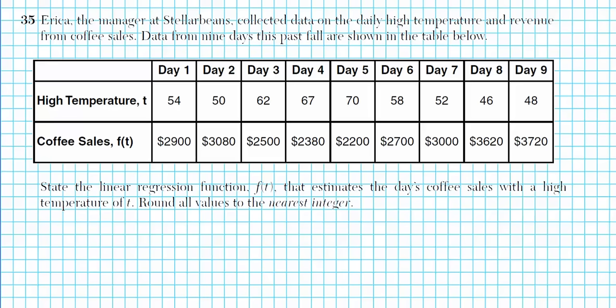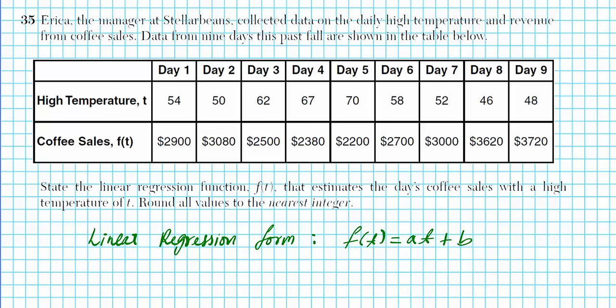So the linear regression formula is of the form, in this case our independent variable is t, so it's going to be of the form f of t equals at plus b. Okay?